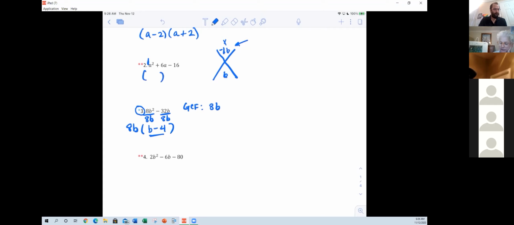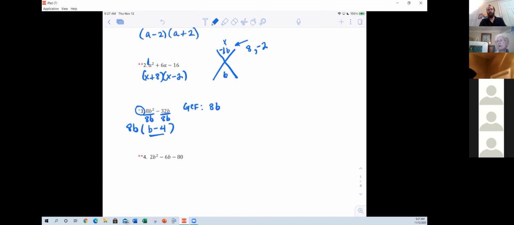If it's going to factor, it's always going to be a parentheses times a parentheses, right? And so when you figure out the two numbers that multiply together to give you negative 16 and add to 6, which was 8 and -2, because 8 times -2 is negative 16, and 8 plus -2 is 6, you just write those numbers, plus 8 minus 2, and that's it.